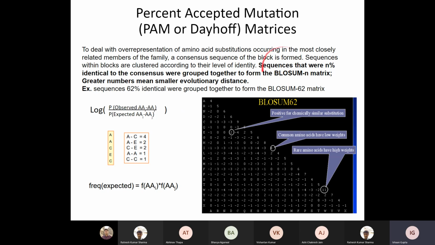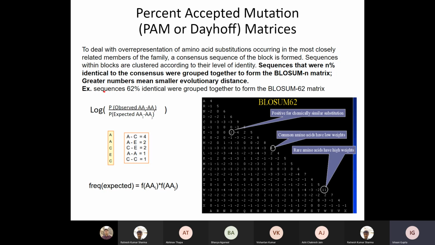In order to distinguish between these two cases, people suggested that you create BLOSUM N matrices. BLOSUM N essentially means whenever you have a block with N% identity to the consensus, you would call it a BLOSUM N matrix.